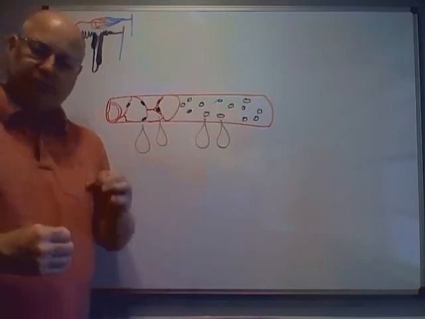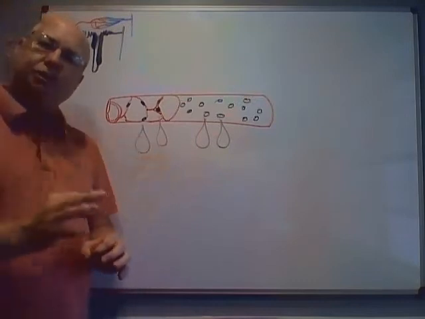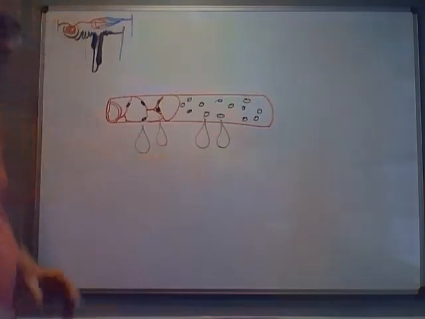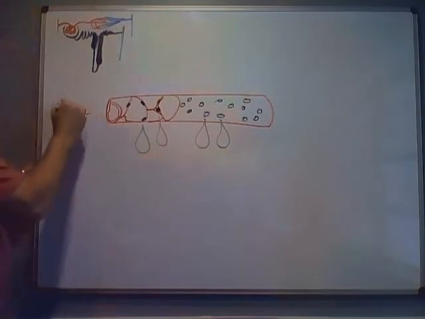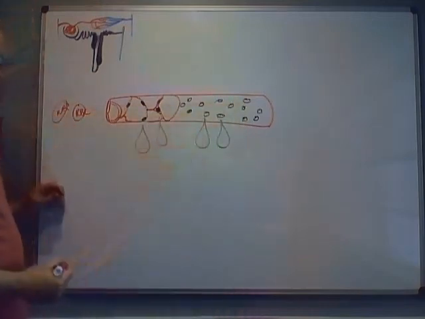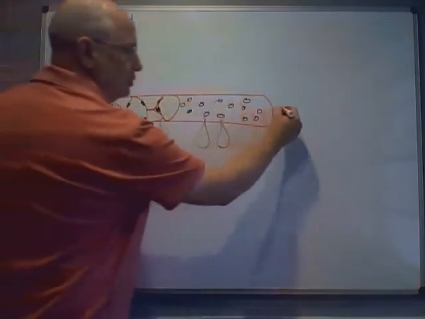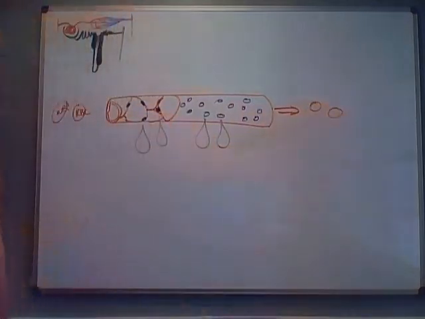Some BBs and some marbles. BBs would represent red blood cells. Marbles would represent white blood cells. So now I have red blood cells in here. I have white blood cells in here. Well, they're far too large to fit through the holes. And if I do this with the right pressure, some of the water will come out the other end, and I'll have my cells in there.